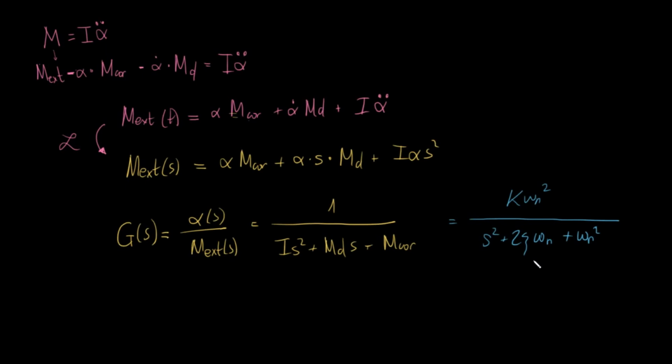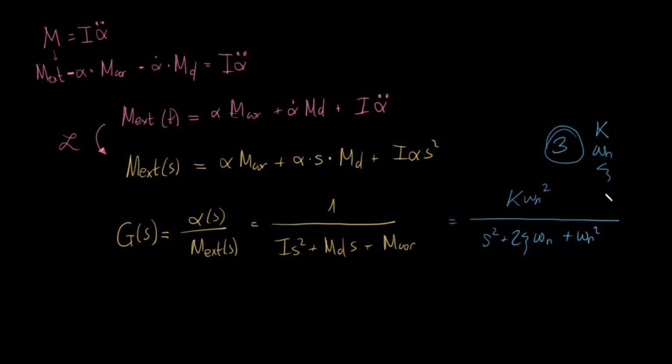Just recall that all second order systems are defined only by 3 variables: the static gain, natural frequency, and damping ratio. All right.